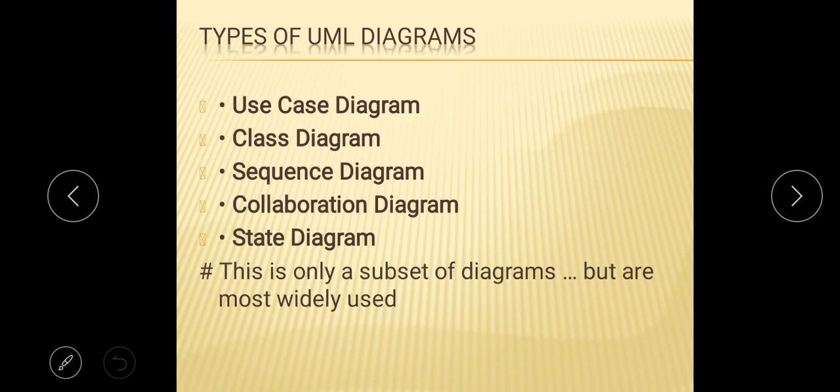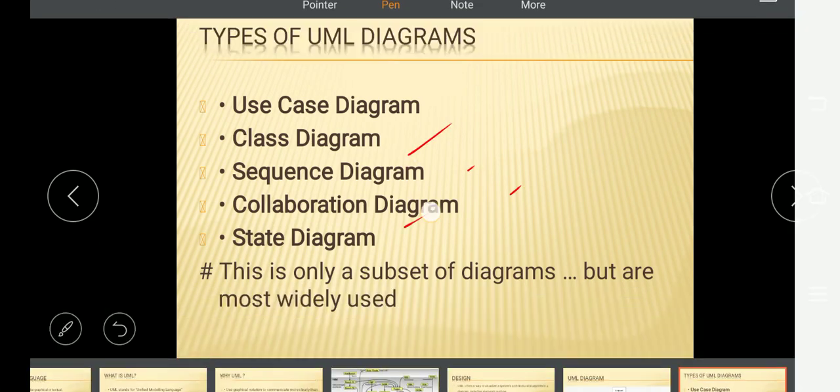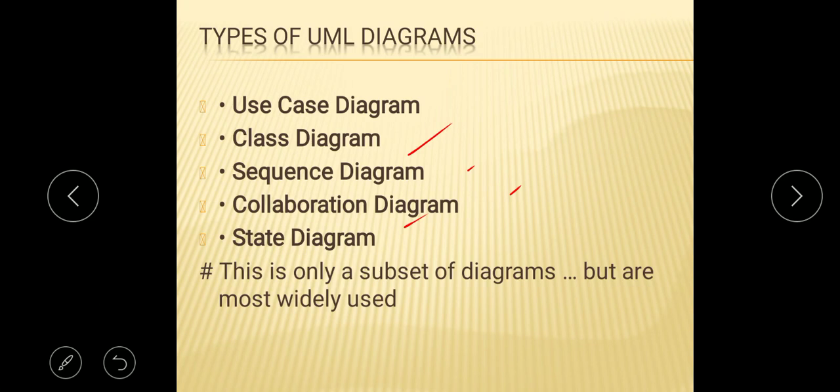Those are use case diagram, class diagram, sequence diagram, collaboration diagram, and state diagram or state chart diagram. As you have seen in the previous slide, this is only a subset of diagrams that are most widely used. In our next tutorials, we'll discuss all these diagrams one by one.